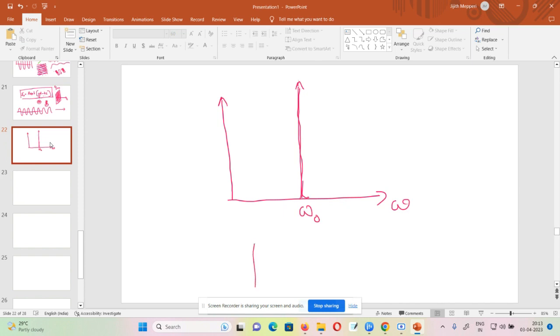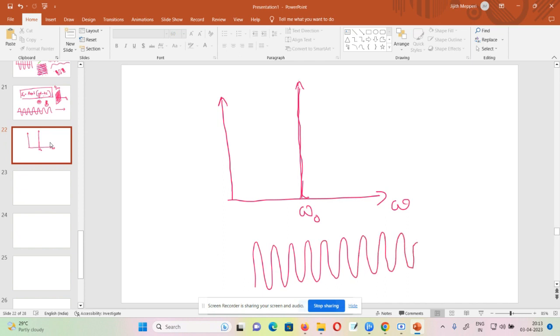This is represented by a plane wave which is infinitely extended. This will go towards infinity, and this will also go towards infinity. But in an ideal case only this happens.